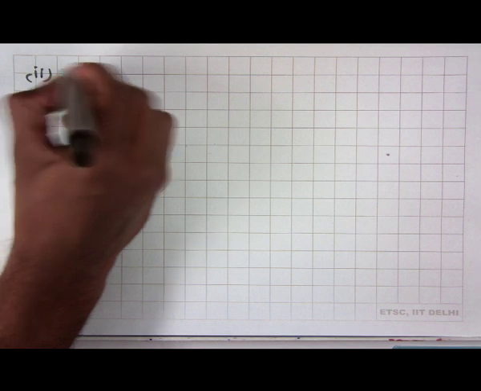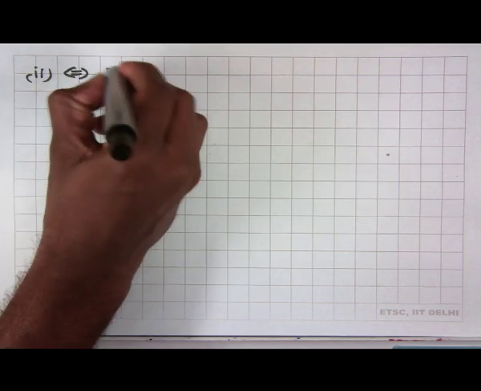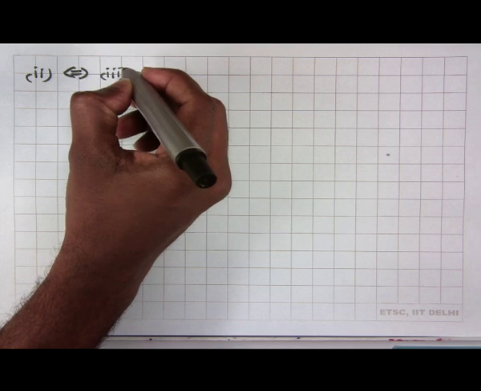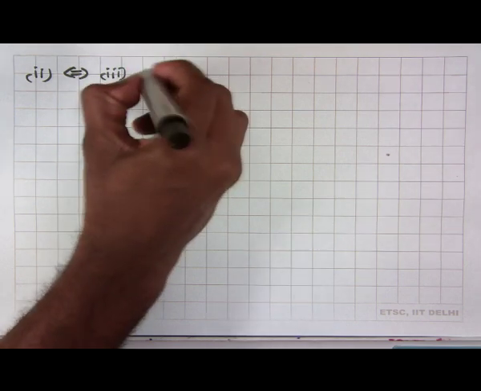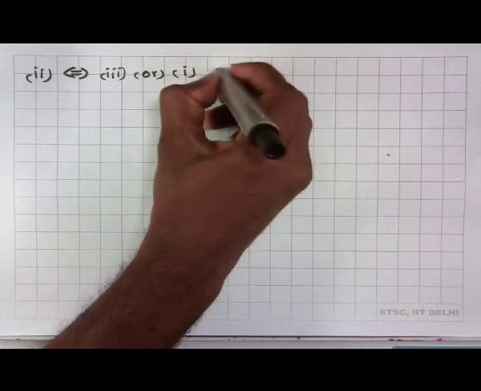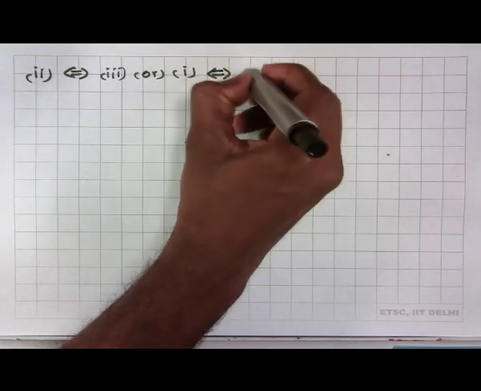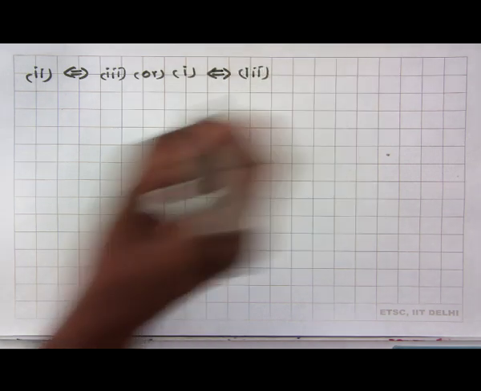So, let us prove that 2 is equivalent to 3, that is, equilateral triangle if and only if the condition 3 is satisfied.